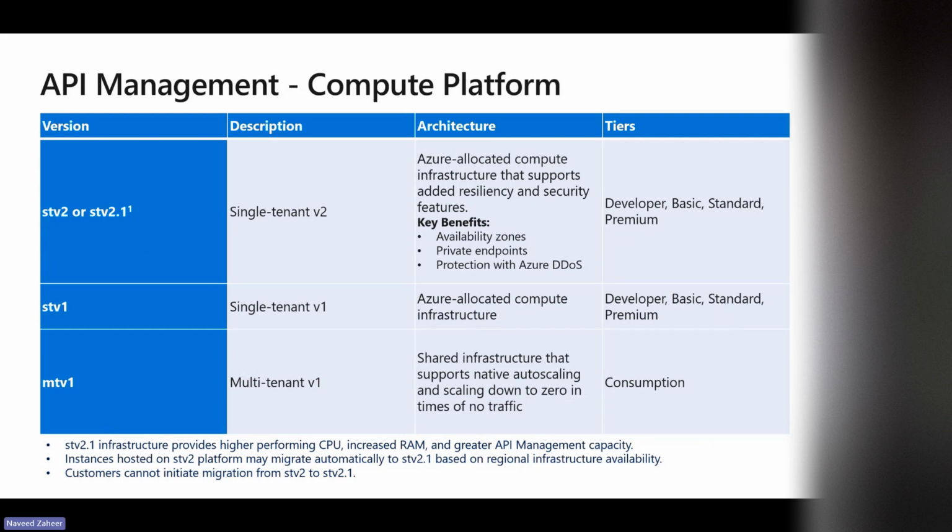Initially, API Management was launched with the single tenant version one, which was the initial, or we can call it a legacy compute platform. It is still available in some regions. The newer regions only have these STV2 or 2.1.